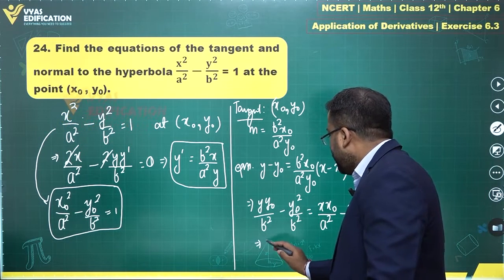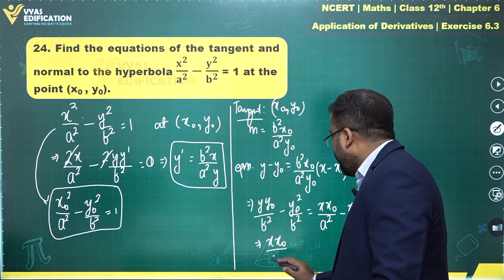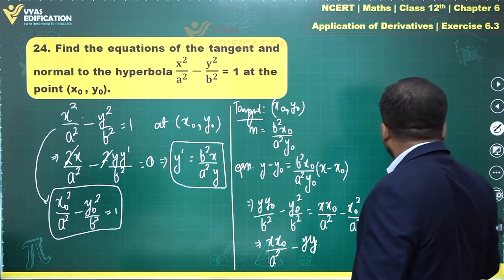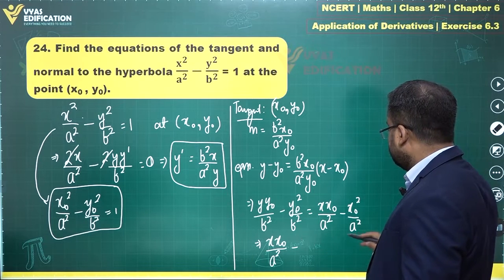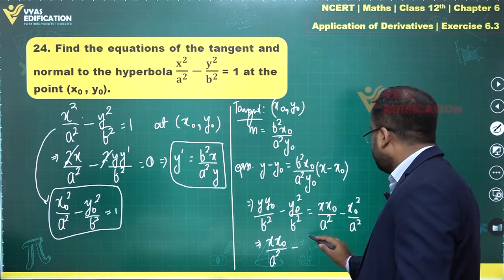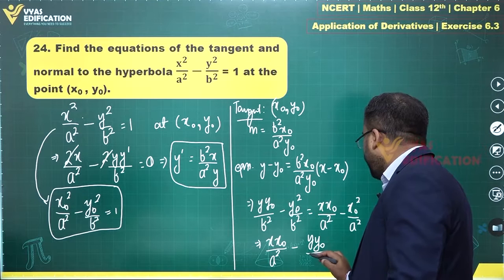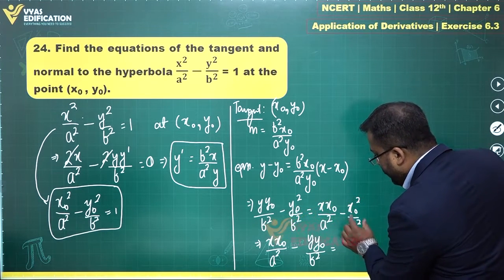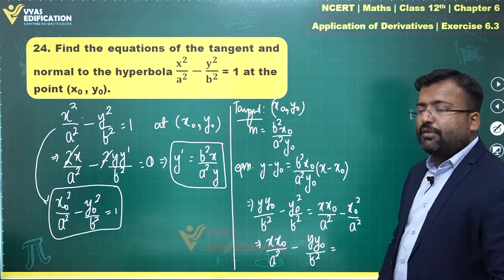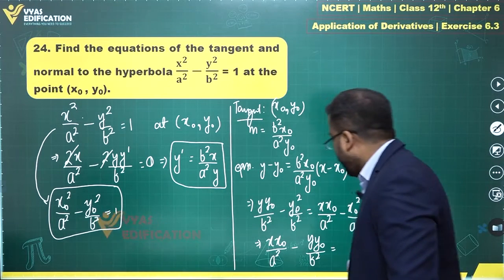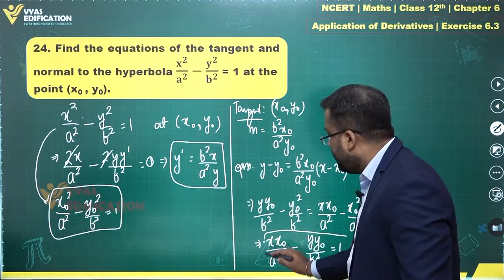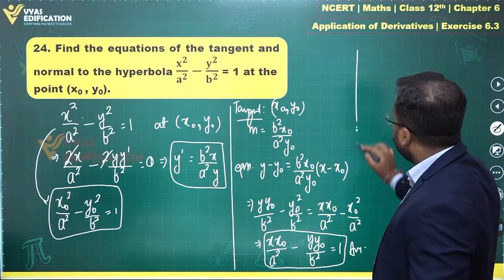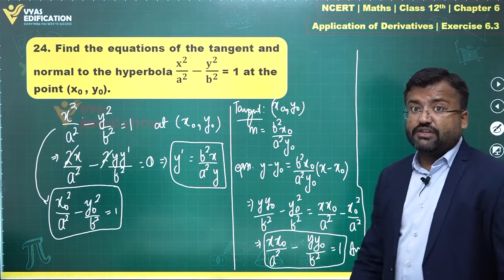X naught over a square minus y naught over b square will be equal to x naught square upon a square minus y naught square upon b square, which is equal to 1. So therefore this is equal to 1. This is the equation of tangent. That's the first part of this complete question.